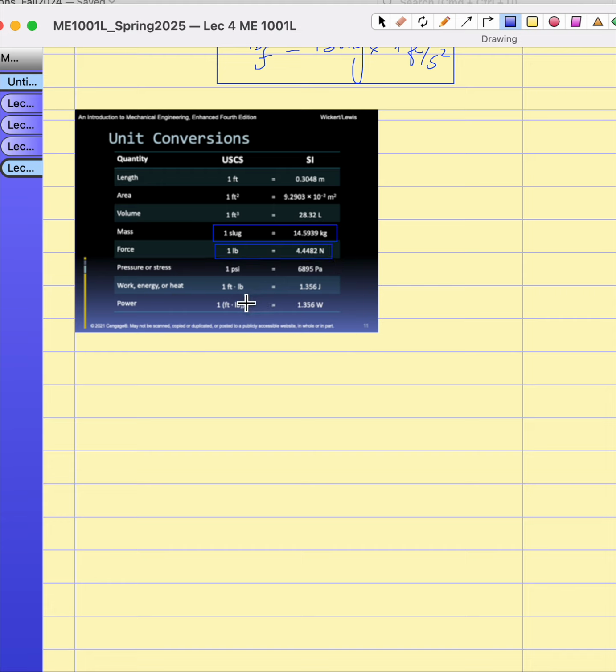I'm just rounding it off, and these are important for your help. Similarly, we have the length conversions. So let's do one quick problem.